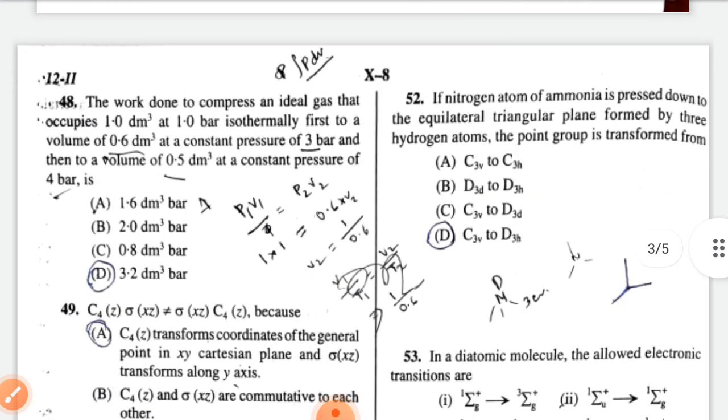Okay. Let's see. If the nitrogen atom of ammonia is pressed down to the equatorial triangular plane formed by the 3 hydrogen atoms, the point group is transformed to.